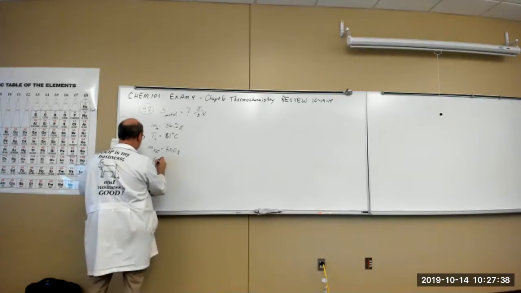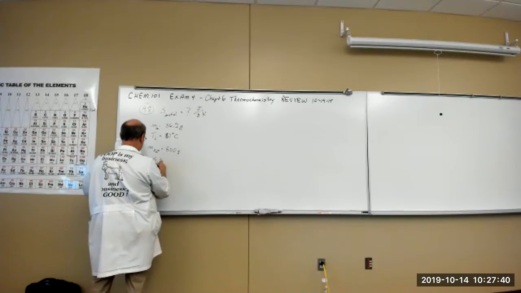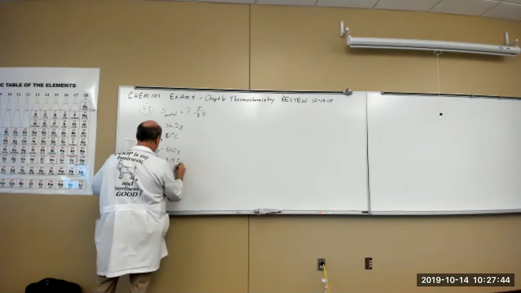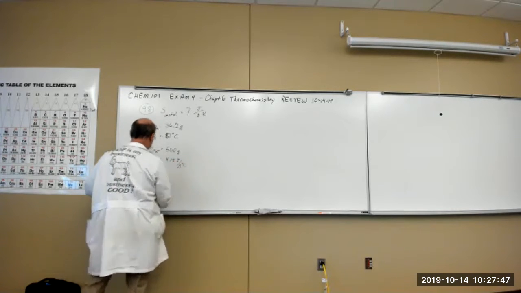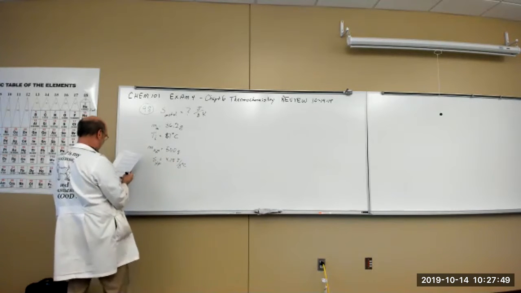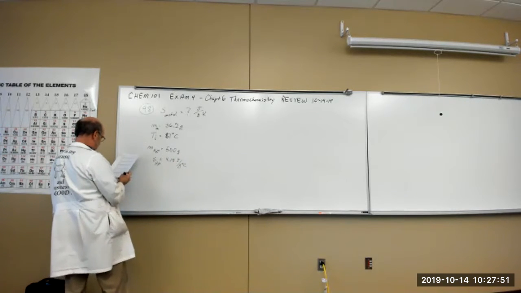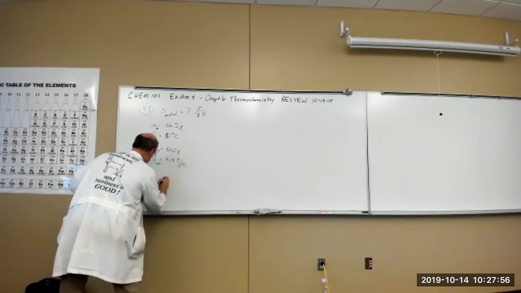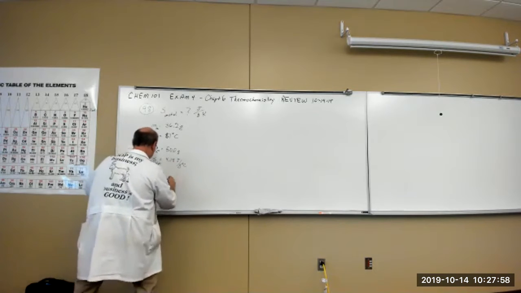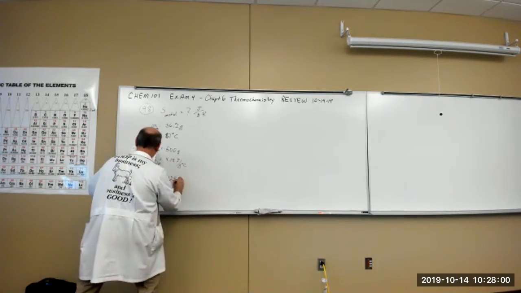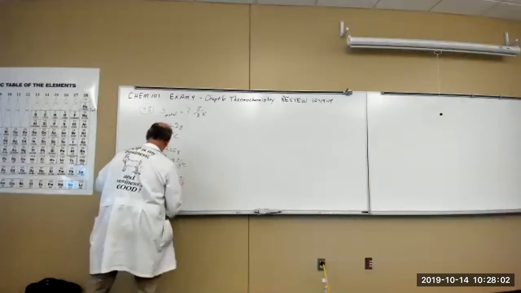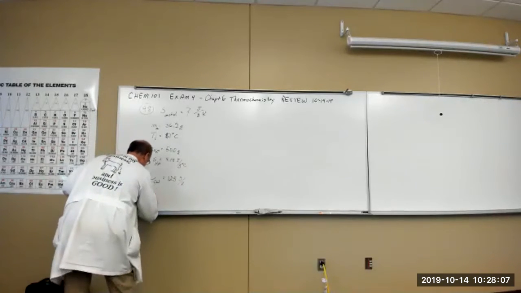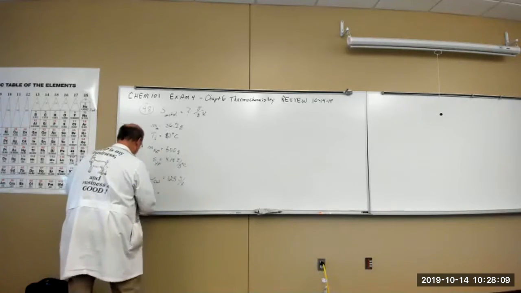And the specific heat of water is 4.18 joules per gram degree C. The heat capacity of the calorimeter is 125 joules per K. And the final temperature, we're also given that, is 29.7 degrees.